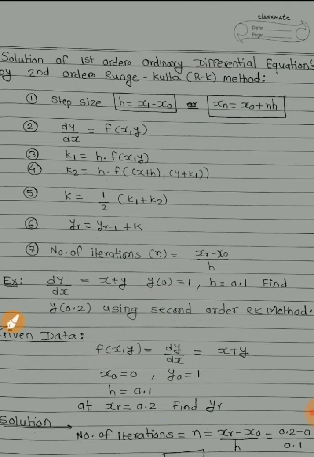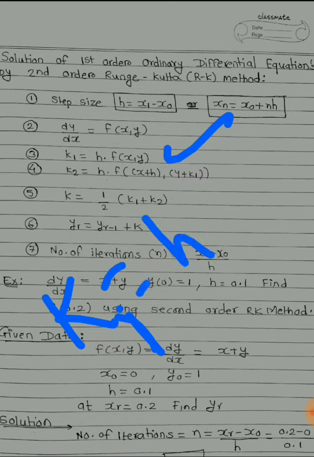Then k1, we will say it is constant, or Runge Kutta method constant k1 is given by h into f of xy. k1 is equals to h into f of x comma y.